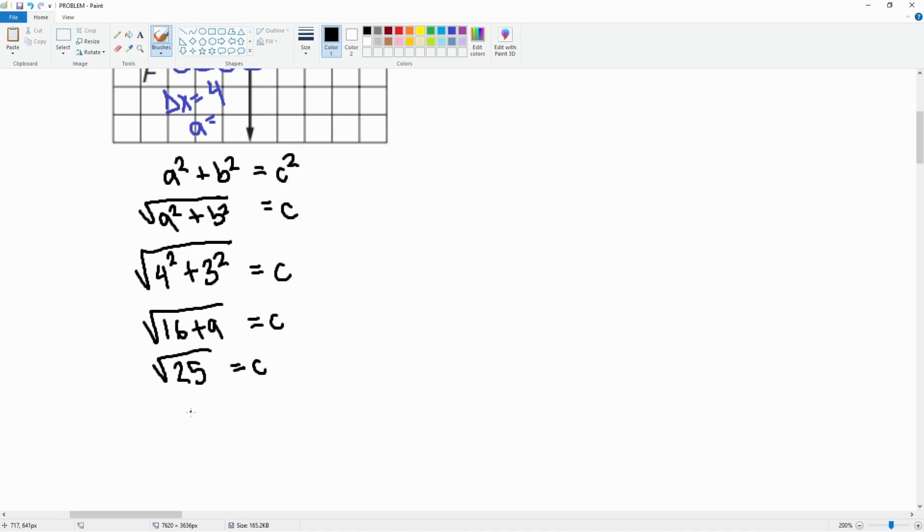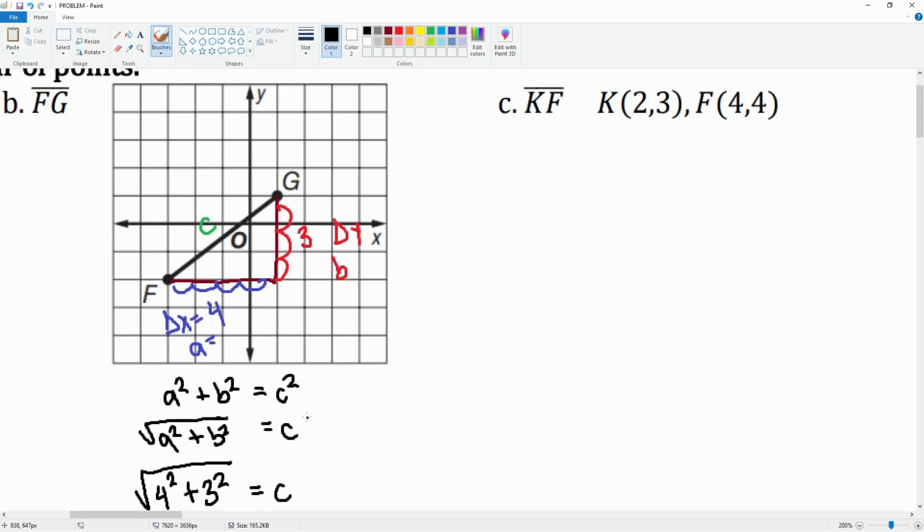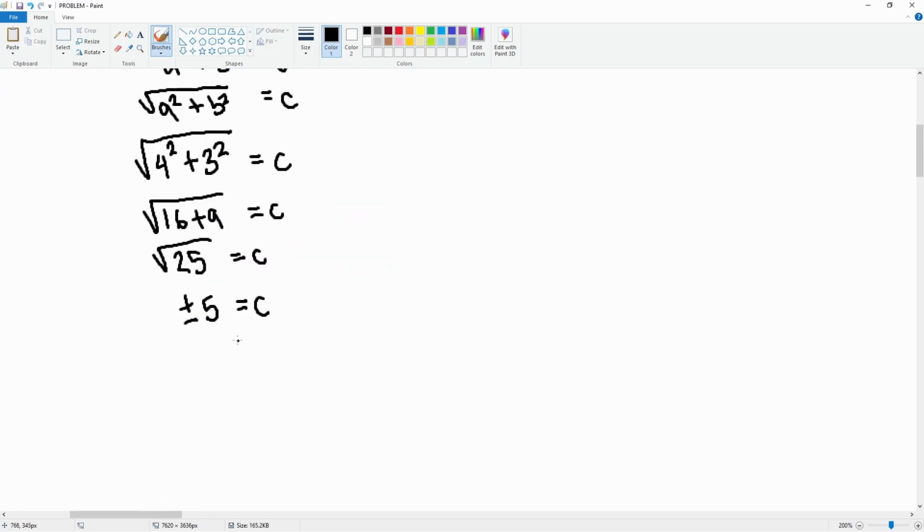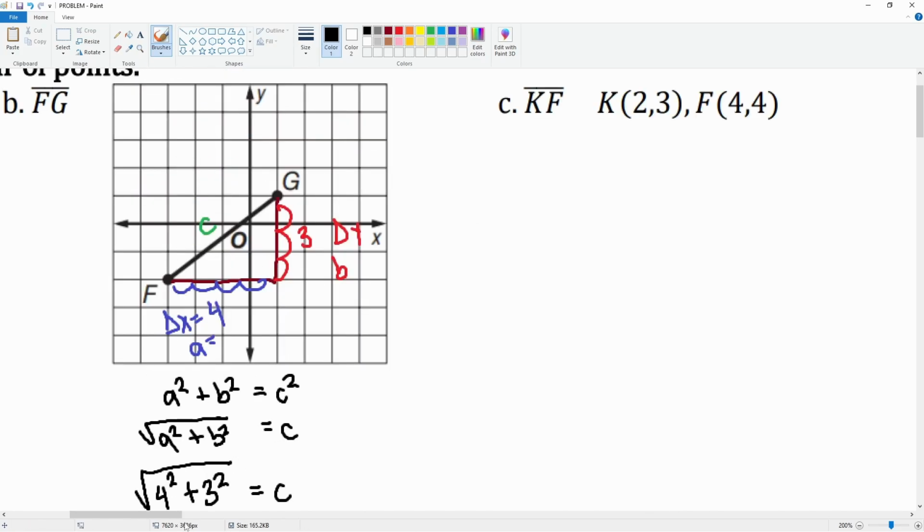Then if we take the square root, it is both positive and negative 5 is equal to c. So the answer here, because we're looking for a distance, we can say that c is equal to just 5 units. We only take the positive value of the square root. Okay, so that is that distance here.